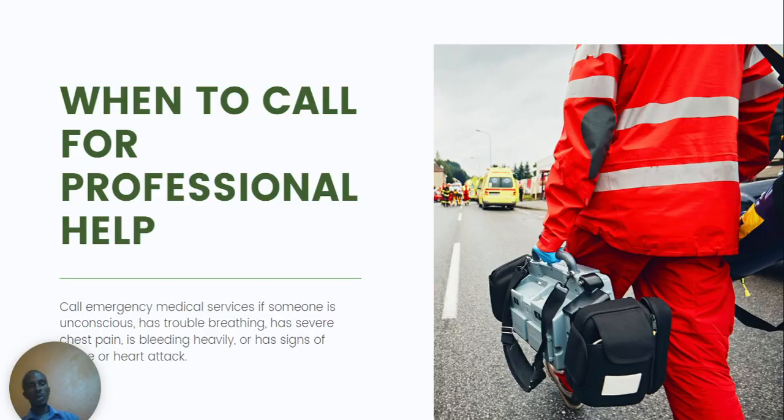So when you call for this professional help, you should do that if the person is unconscious, if they are unable to breathe, if they have severe chest pain that could indicate that they are having a heart attack, if they are bleeding heavily, because there can be bleeding that can be stopped by applying pressure. But if you apply pressure and the bleeding is not stopping, then you need to alert professionals.